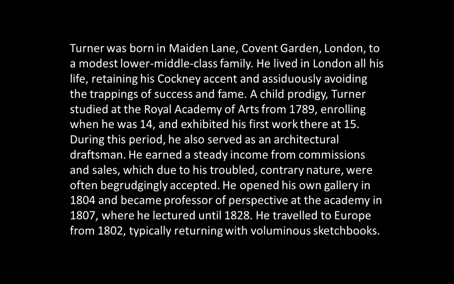He earned a steady income from commissions and sales, which, due to his troubled, contrary nature, were often begrudgingly accepted. I looked in the dictionary what begrudgingly means, and it means he often reluctantly accepted. So he had difficulties accepting commissions and money even for the sales of his work.